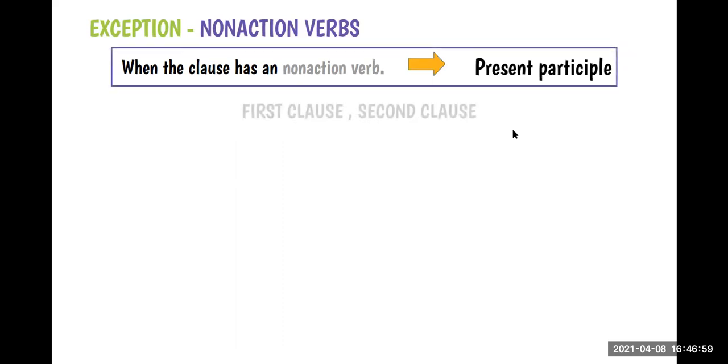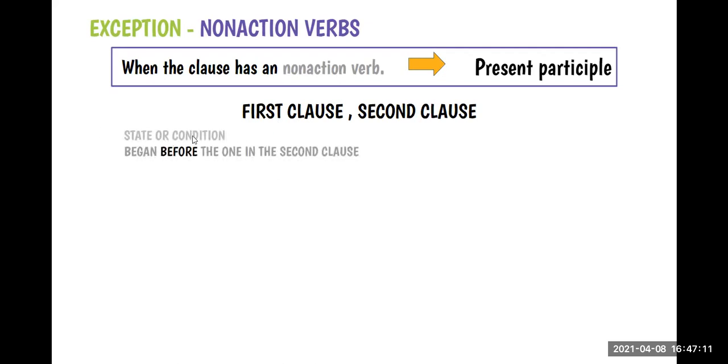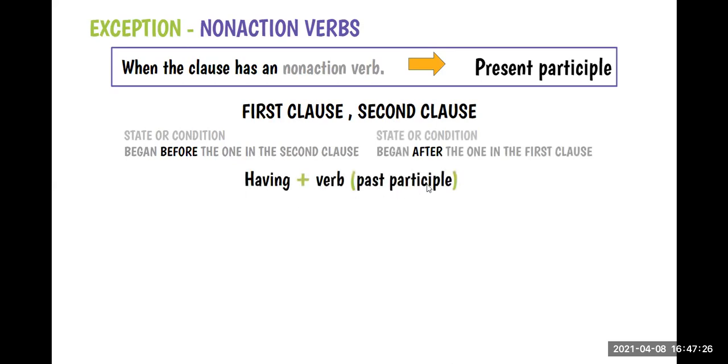No? Okay. It says, when the clause has a non-action verb, we normally use the present participle, right? This is the general rule, okay? But remember that we had a first clause and a second clause. When the first clause has a verb that is a state or condition, and this state or condition began before the verb in the second clause, in this situation, we can use having plus the verb in the past participle, okay?